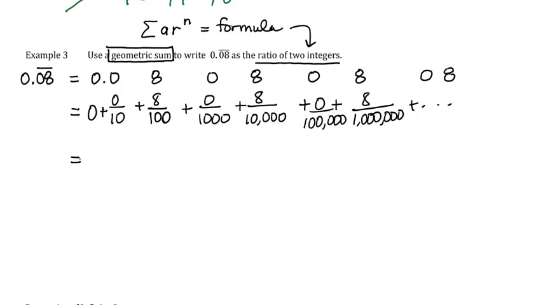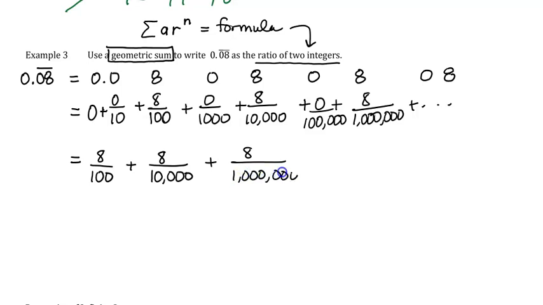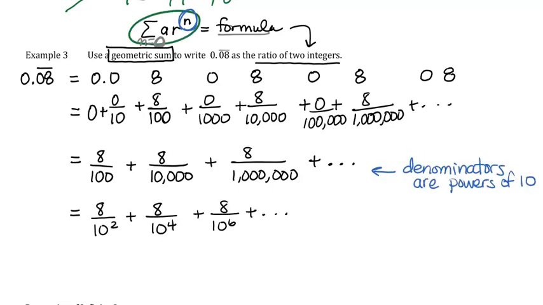So I'm really just interested in 8 over 100 plus 8 over 10,000 plus 8 over 1 million plus... Each of the denominators in this expression are powers of 10. More specifically, the denominators are even powers of 10.